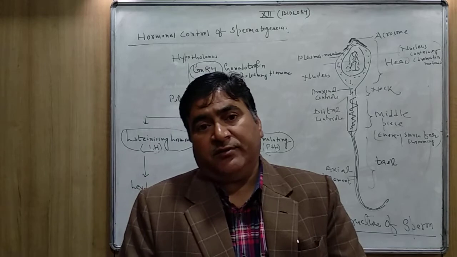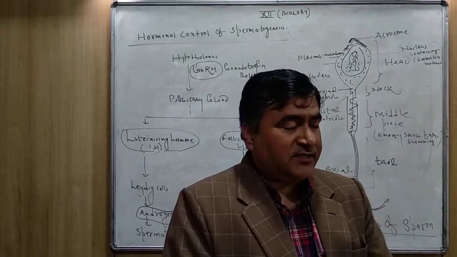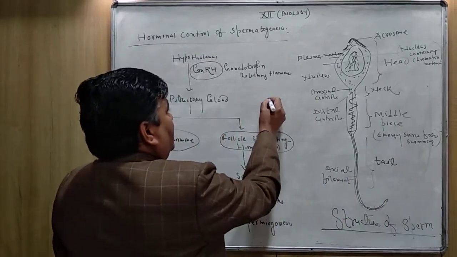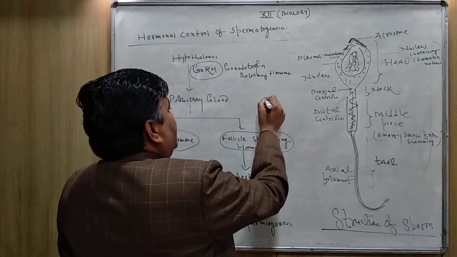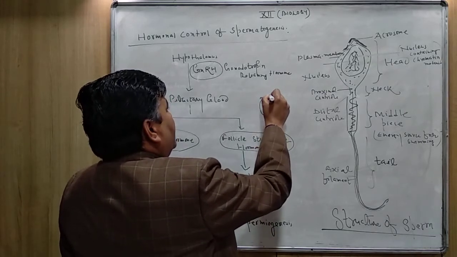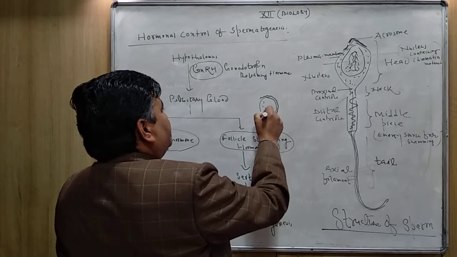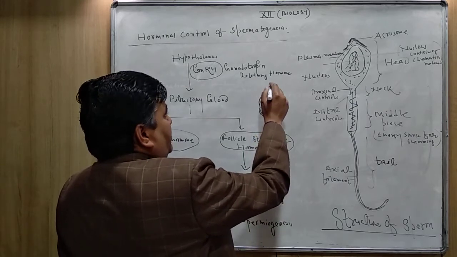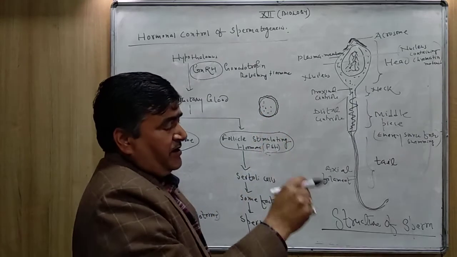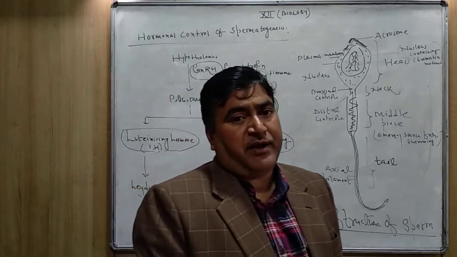Whenever I teach you the process of fertilization, I will explain again. Suppose this is the ovum. The ovum is protected by a membrane that is called the limiting membrane.